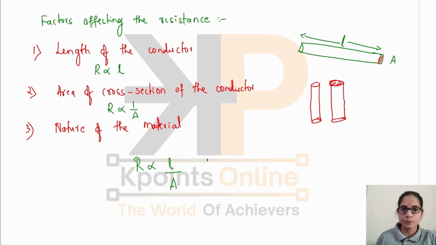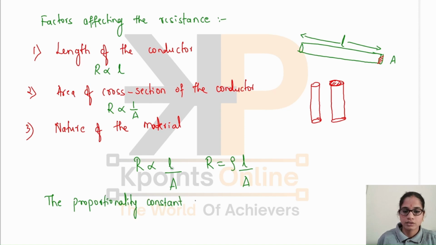If I remove the proportionality sign, I get R is equal to a constant into L upon A. So, the proportionality constant rho is called resistivity, and it is represented by the symbol rho.